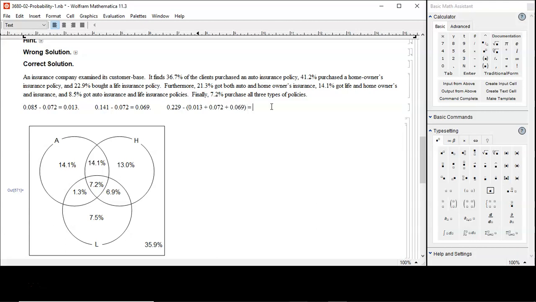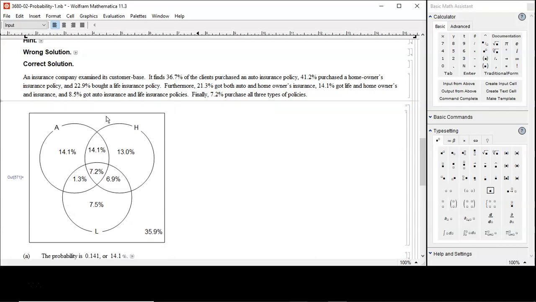If you count all these, then you're going to get 7.5% to go down here, not the entire 22.9%. And if you just continue all these to home, auto, all those, and then even to outside by subtracting from 100%, you're going to get the complete Venn diagram like this.